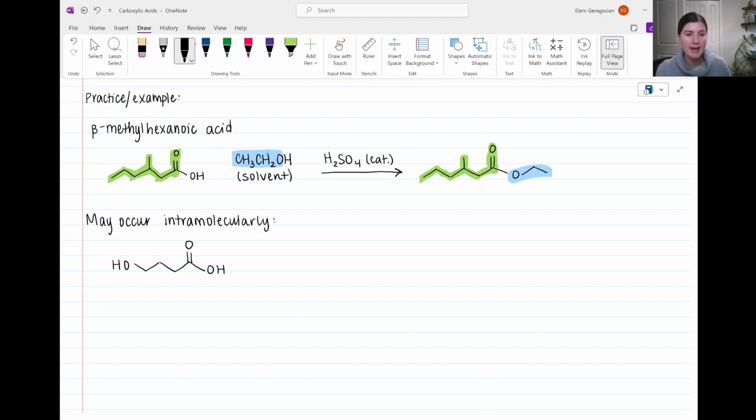Okay, so here we have a molecule that has both a carboxylic acid on the right side of the molecule and an alcohol on the left side.